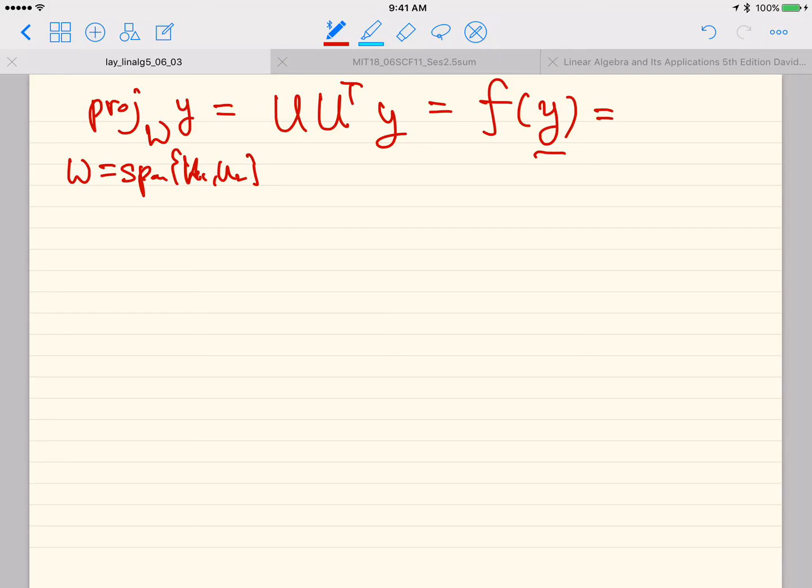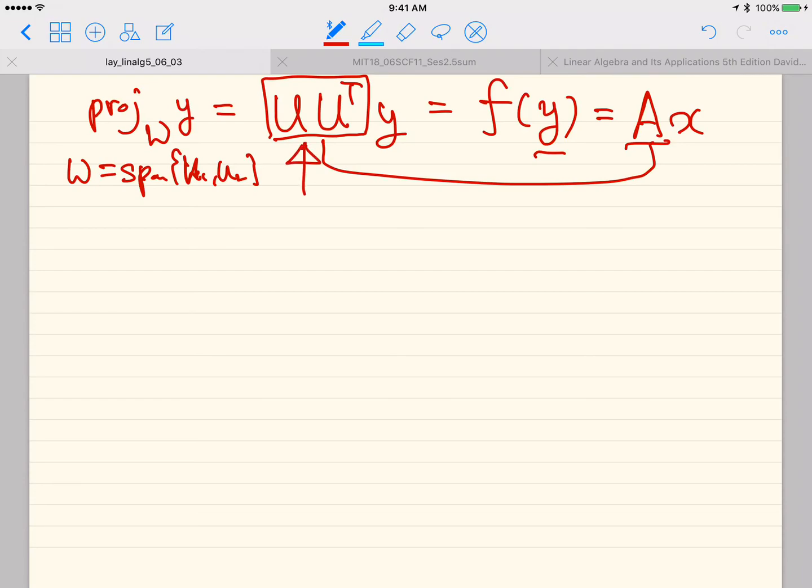If this transformation is linear, we can view it as a matrix-vector multiplication. And what is this A? It is this matrix. So this matrix can be viewed as a linear transformation that projects any vector y onto this subspace W, which is spanned by the two orthonormal vectors. Okay?